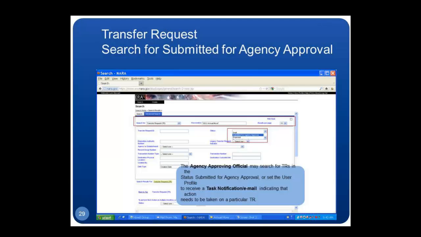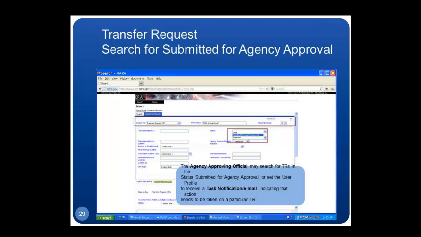So once the agency approving official searches for the forms which are submitted for agency approval status, a list of forms in that status will populate, just as described earlier for forms that were searched in draft status, and the agency approving official may select the form and can at that point review the form. Many of the fields that were editable while the form was in draft status are now locked and no longer editable.